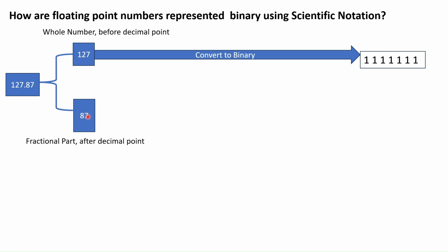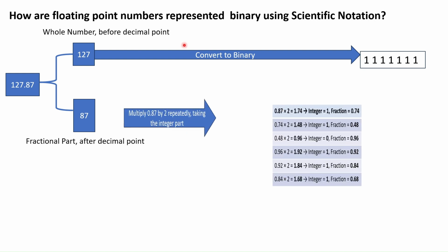So how will it be done? First, this is scientific notation, whatever we are discussing. In scientific notation, first you convert the whole number part into binary using the formula we discussed in the previous slide.